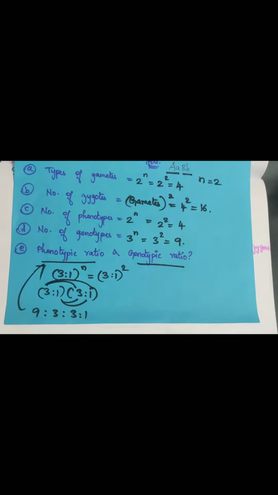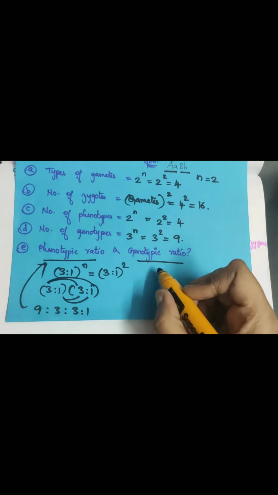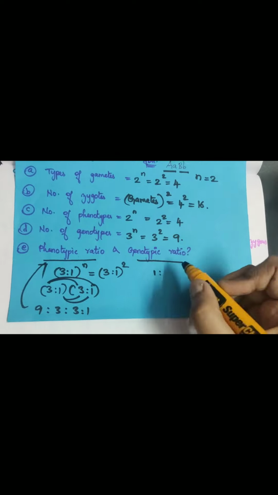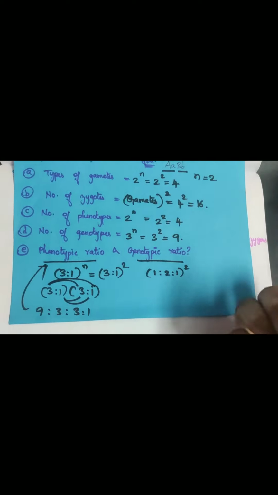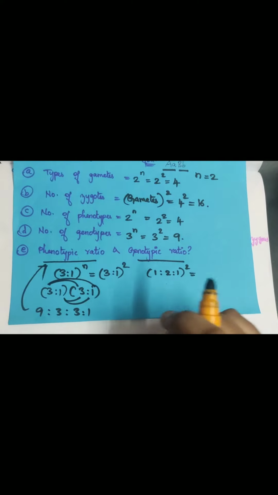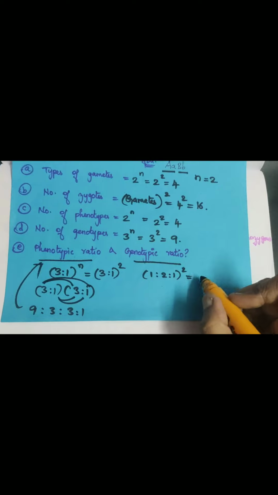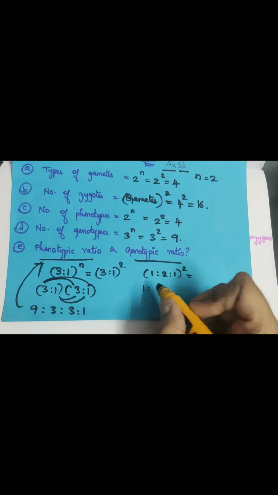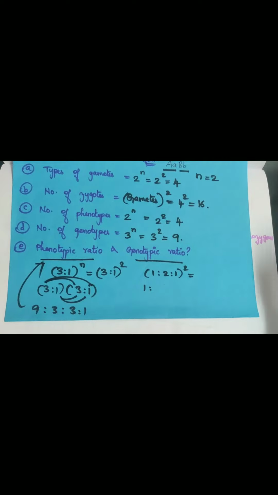And coming to the genotypic ratio, what will be the genotypic ratio, my dear students? The genotypic ratio will be 1:2:1 the whole square. You can multiply also and write, but I'll give you a very simple clue to remember it. The genotypic ratio of a dihybrid cross is a very important question, directly they used to ask in the NEET exams.